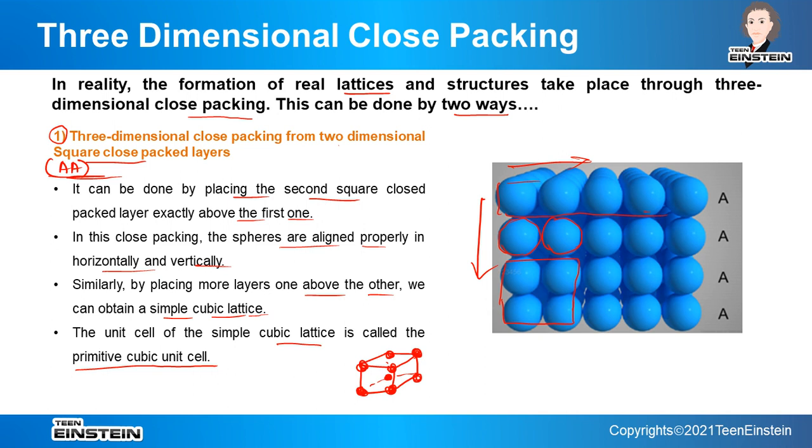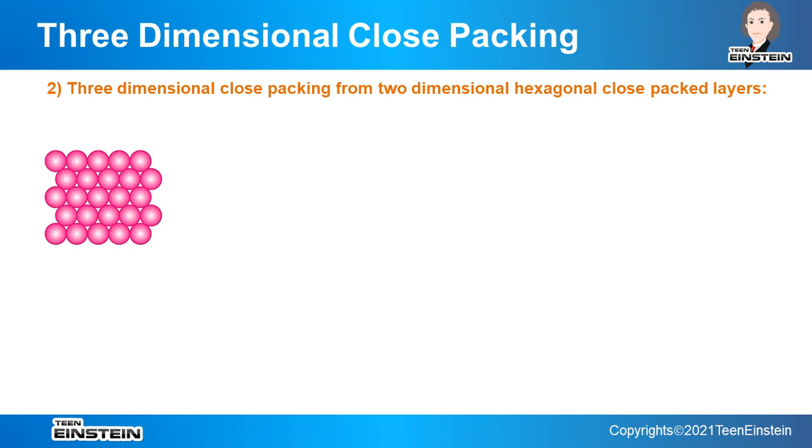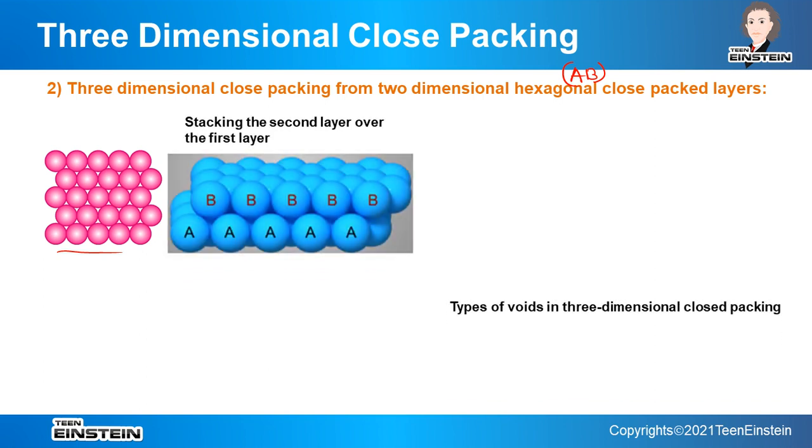Now the next one is three-dimensional closed packing starting from hexagonal close packing or AB type close packing. So this is the picture of AB type close packing that we have already seen, right? Now suppose this is one layer, and we place another layer above it, stacking the second layer over the first layer in a staggered manner.